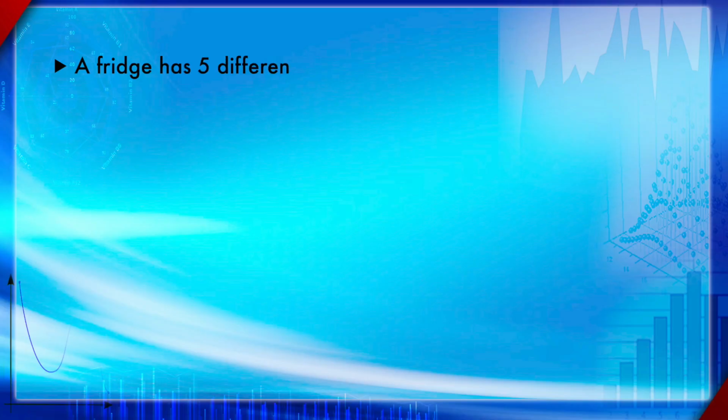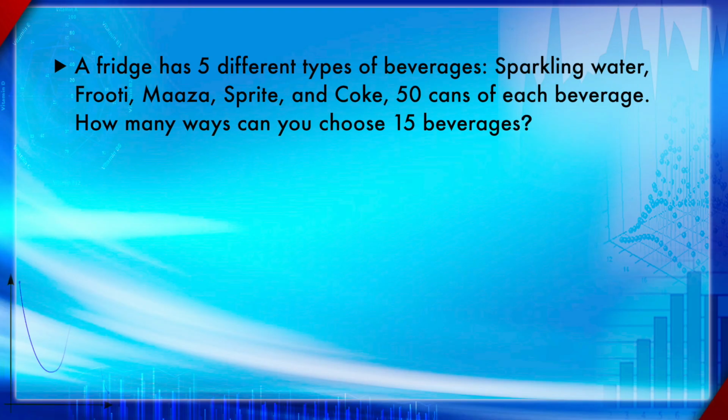Another problem: a fridge has 5 different types of beverage: sparkling water, fruity, Mazza, Sprite and Coca-Cola. Each has 50 cans; every beverage has 50 cans. How many ways can you choose 15 beverages? Again, order doesn't matter, and 15 beverages means that if you like sparkling water, that is soda, just like me, I prefer the sparkling water.